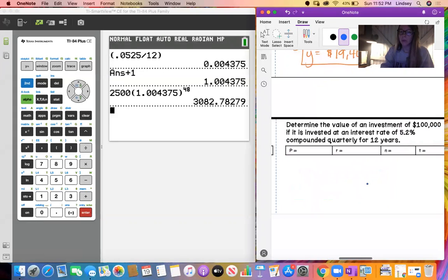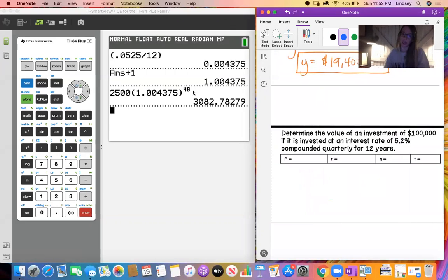Okay, last one, and then we are finished. Okay, so it says determine the value of an investment. So you're investing $100,000, if it is invested at an interest rate of 5.2%, compounded quarterly for 12 years.